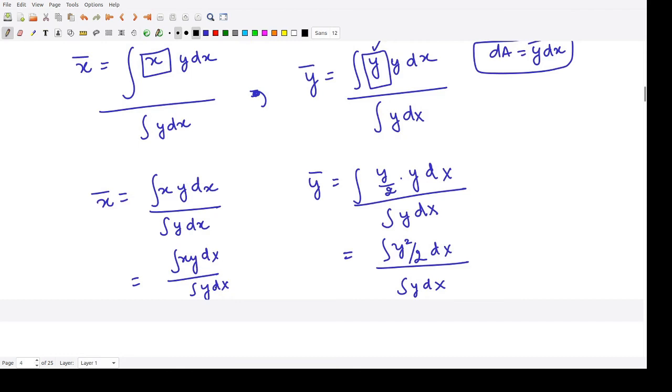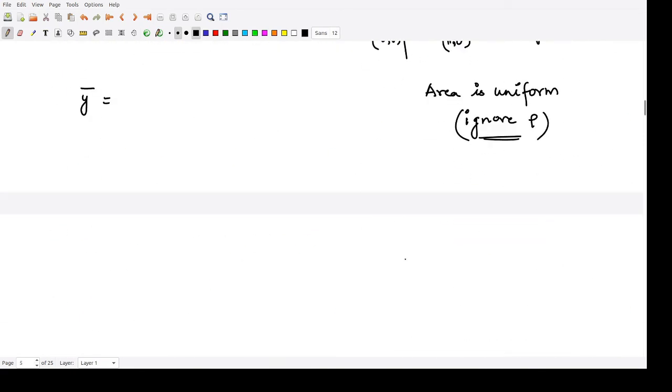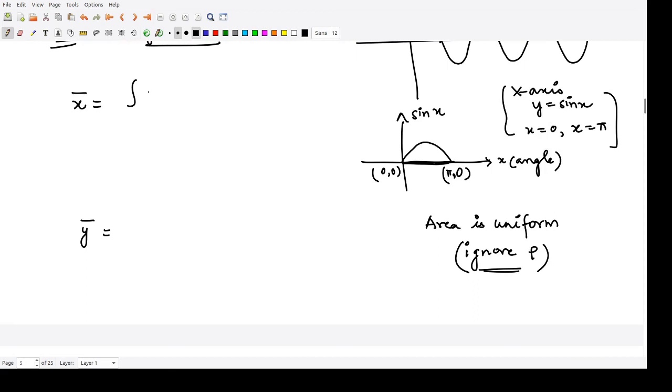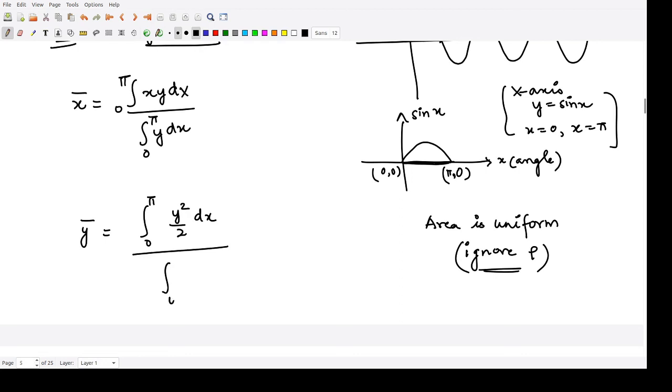So x y dx, and here we would have y square by 2. So our formula here would be integration x y dx divided by integration y dx, and the limits here would be from 0 to pi, because the region here is bounded, right? And the coordinate for y would be integration from 0 to pi of y square by 2 dx divided by integration from 0 to pi y dx.